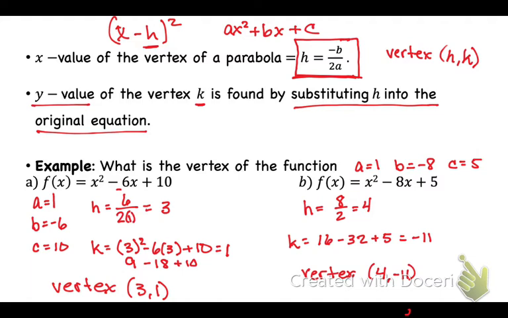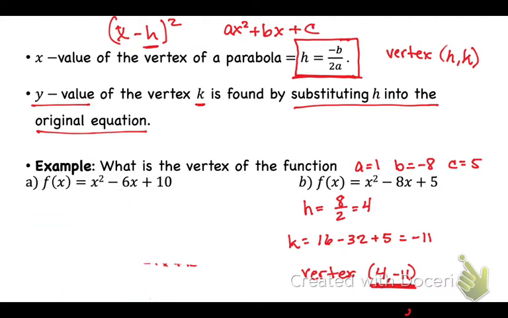If we get the vertex, okay, I have the vertex here, yes? I'm going to erase. What way does this graph open? Up or down? Up. So it's going to be up, yes? What's the y-intercept? The y-intercept is 5. Because for a y-intercept, you plug zeros in for all those x's, right?